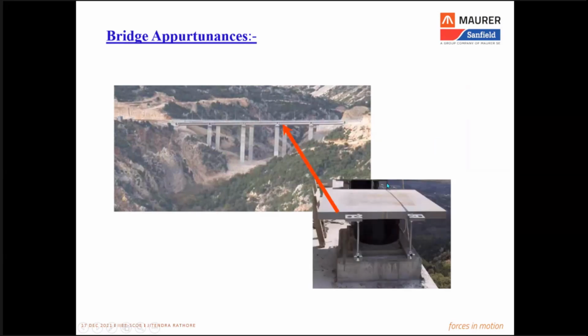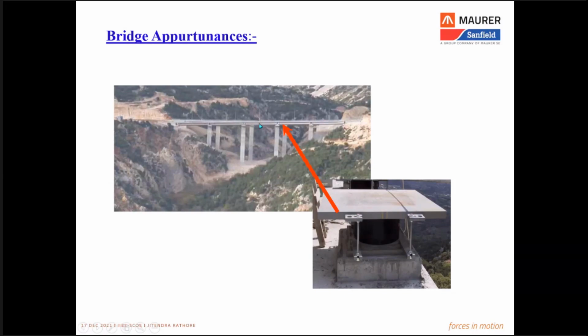Next to the expansion joints, we have the bearings, which will be the topic of discussion for today. And the bearings, as I already explained, are by and large installed at the support in between the piers and the deck or at the abutment location in between the deck and the RE walls. Sometimes in some special applications, special bridges, the bearings are also installed under the articulation span.